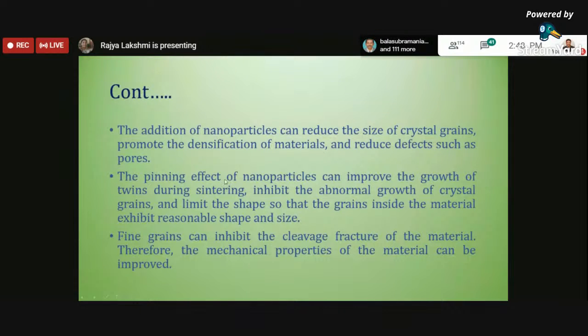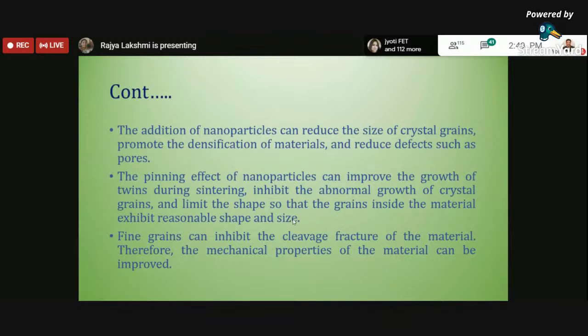If you observe the pinning effect of nanoparticles, it controls the growth of grains during sintering, and it inhibits abnormal growth of crystal grains and limits the shape, so that the grains inside the material exhibit reasonable shape and size. It will provide maximum flexibility to the material to be fabricated into any shape and size.